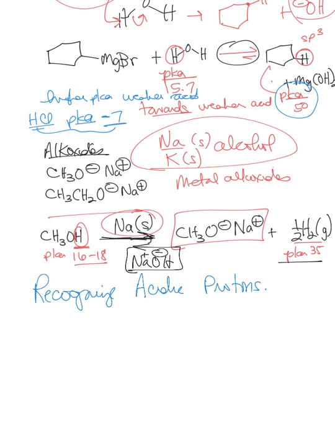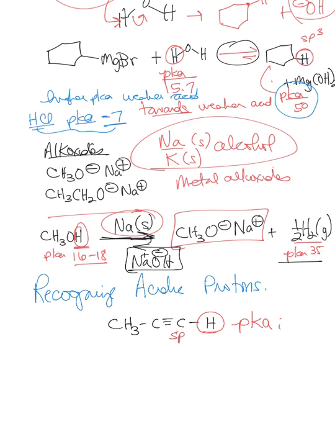Okay, acidic protons. In organic chemistry, we've talked about alkynes. A terminal alkyne has an acidic proton, and that shows a pKa of, I want to say 25. Let me look, because this is an sp. We've talked about why that's acidic, because it's an sp, and in my chart it says 23.